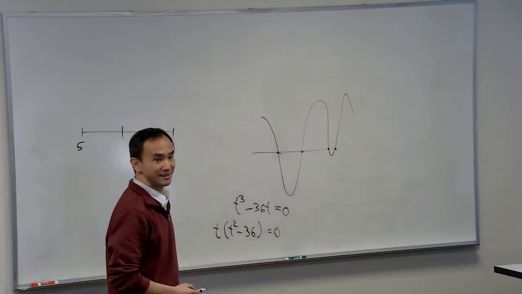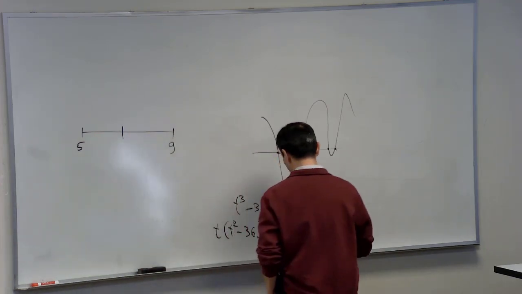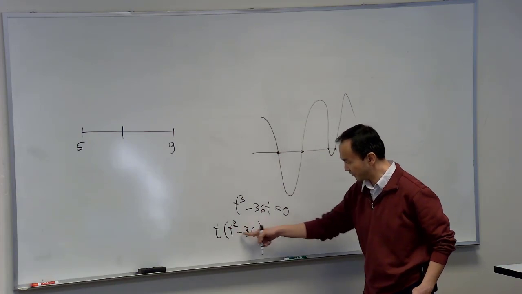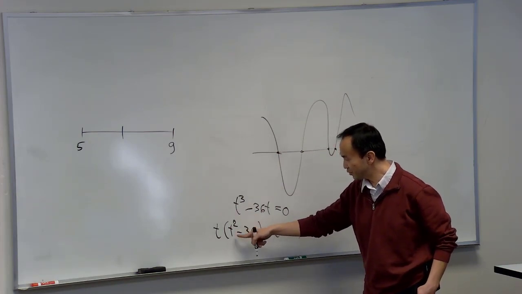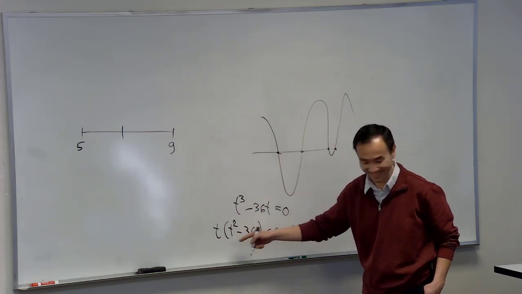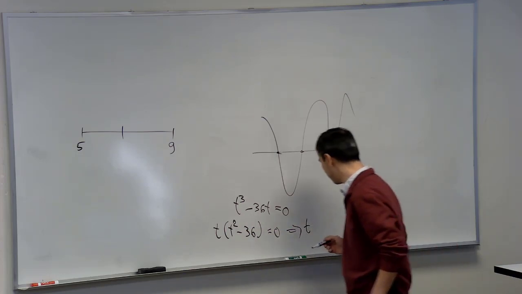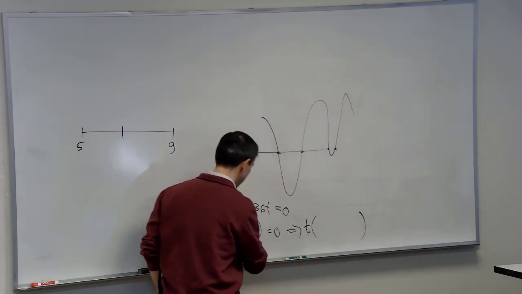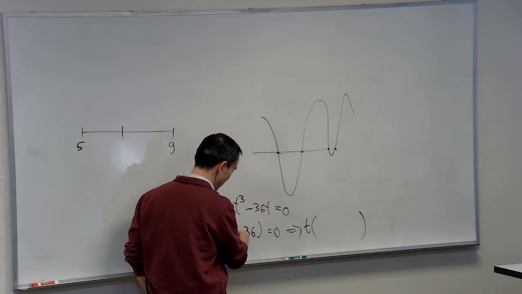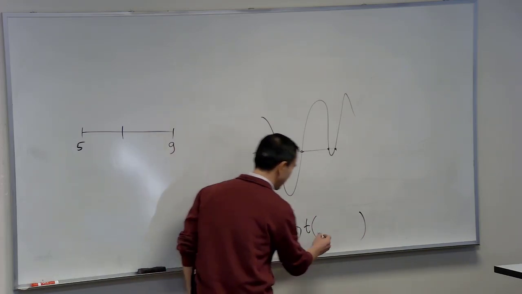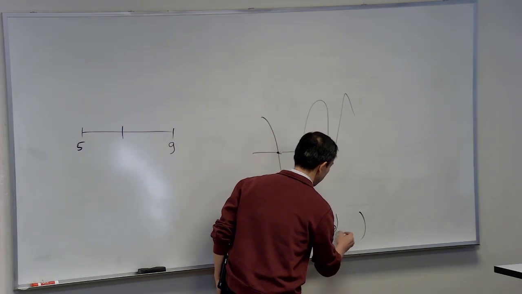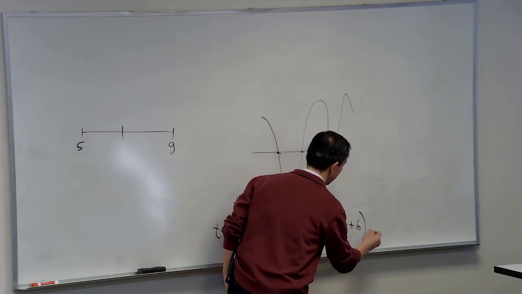I keep sharing with everyone here that I have a favorite identity that I use: the difference of 2 squares. So the t factor is there, of course, but the t squared minus 36, I see that as t squared minus 6 squared, a difference of 2 squares. So I have t minus 6, and in parentheses, t plus 6, equals 0.